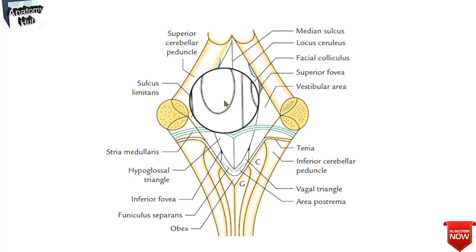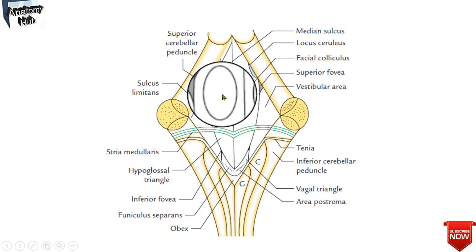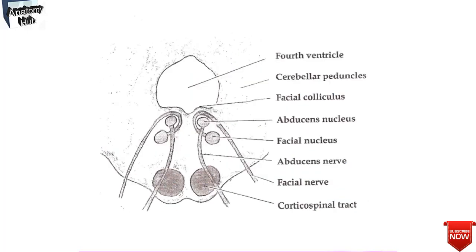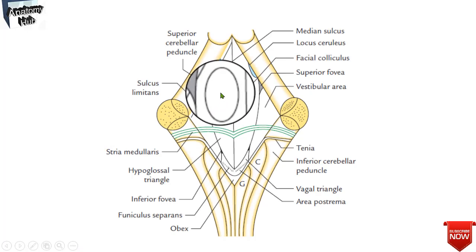You already know about this, as we have discussed it in the facial nerve: in the pons you will find the abducens nucleus and the facial motor nucleus, and the fibers from the facial nucleus turn around the abducens nucleus, making an internal genu, and that internal genu makes, at the floor of the fourth ventricle, the facial colliculus.